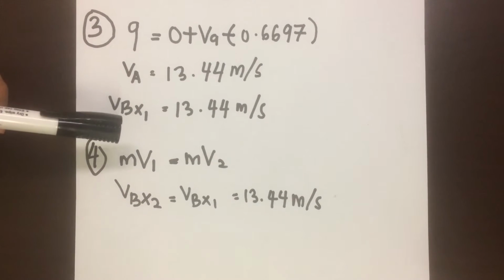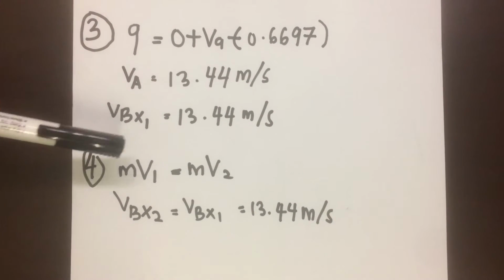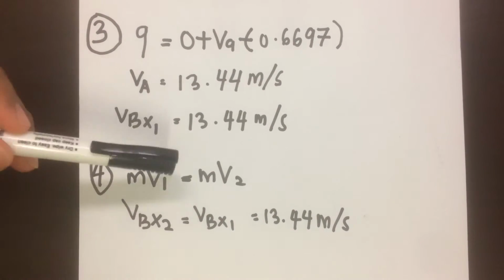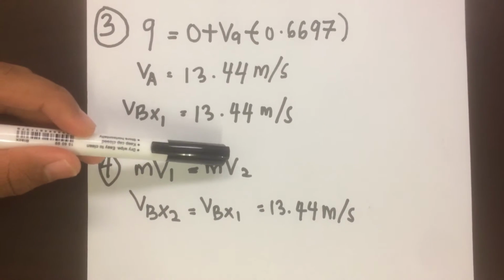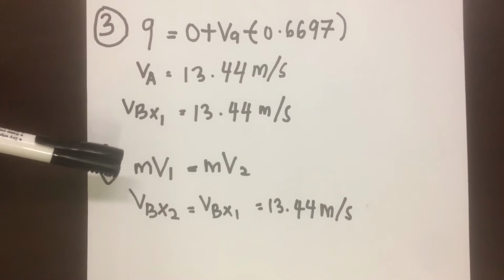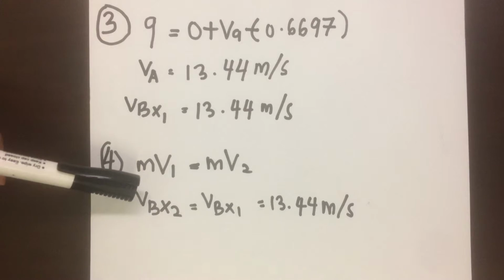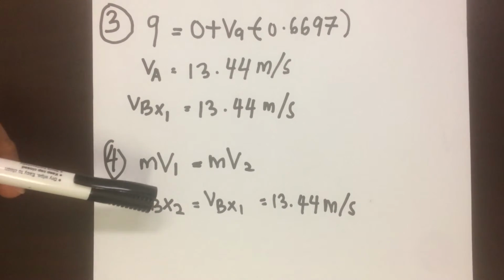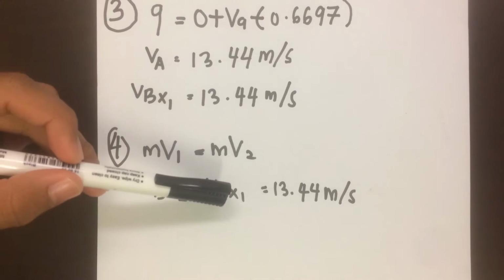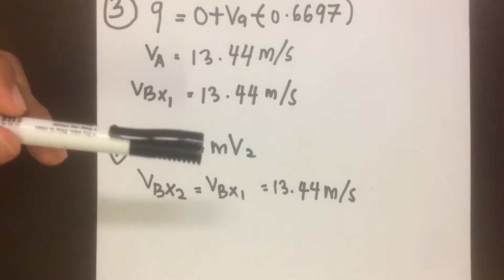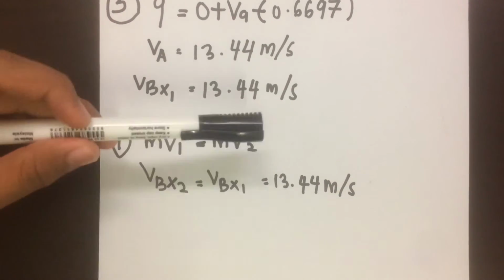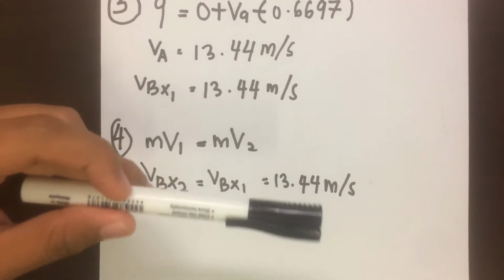From the equation of momentum, we know that momentum at velocity 1 equals momentum at velocity 2. So the velocity VBx2 equals VBx1 equals 13.44 meters per second.